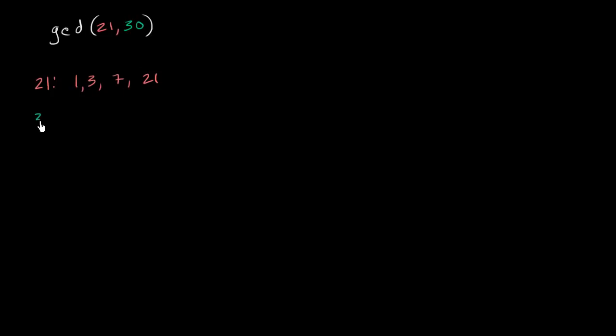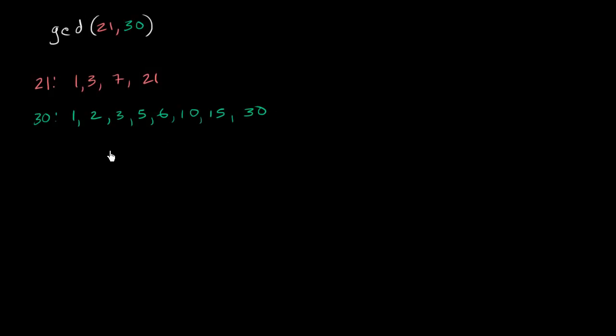And 30 can be written as 1 and 30, 2 and 15, and 3 and 10, and 5 and 6. Let me write it this way so I get a little more space. So here are all of the factors of 30.